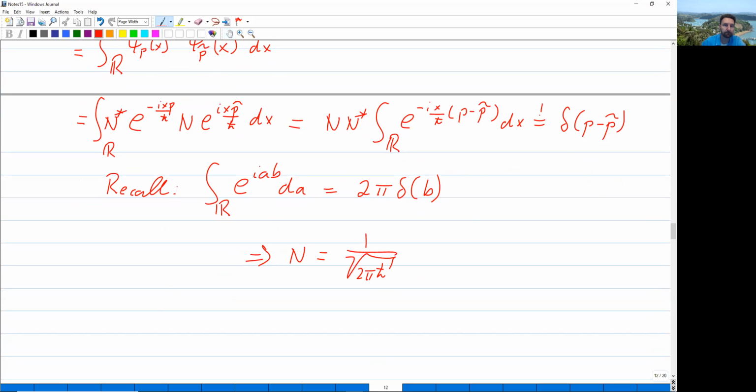So therefore, we now have the final solution here, that the momentum eigenvectors in the position basis take this form. This is what we also call psi p of x, and it is 1 over square root of 2 pi h bar, and then e to the power i x p over h bar.